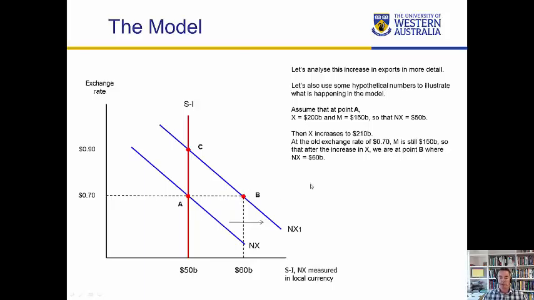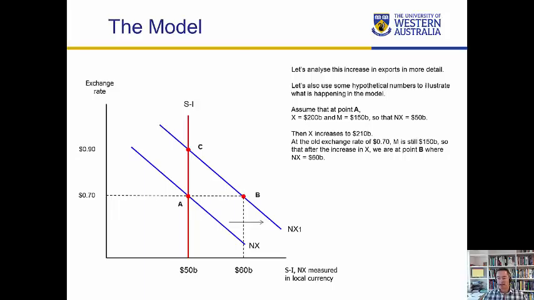At point A, we will assume that the level of exports is 200 billion and the level of imports is 150 billion. So that gives us net exports of $50 billion. That's our starting point at point A. Now we assume a mining boom hits, or some sort of boom in exports, and so exports increase to 210 billion.